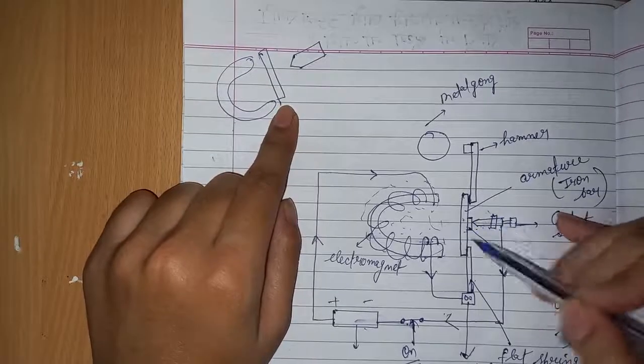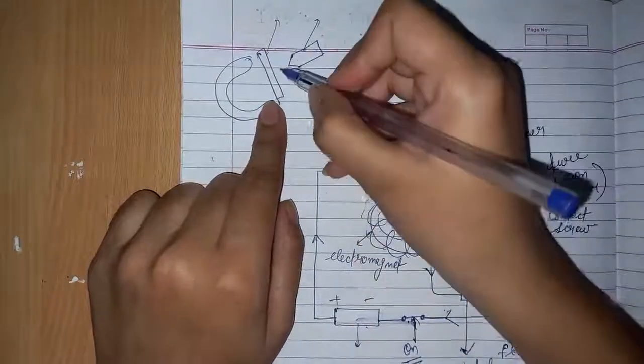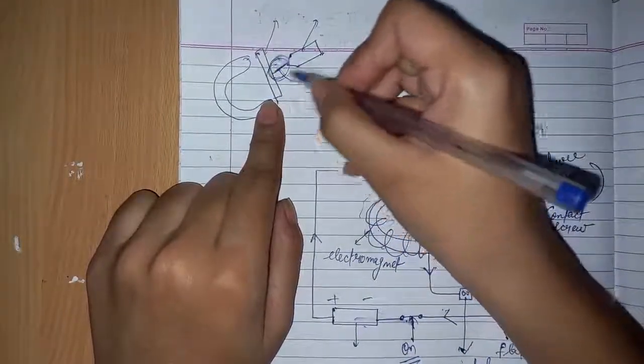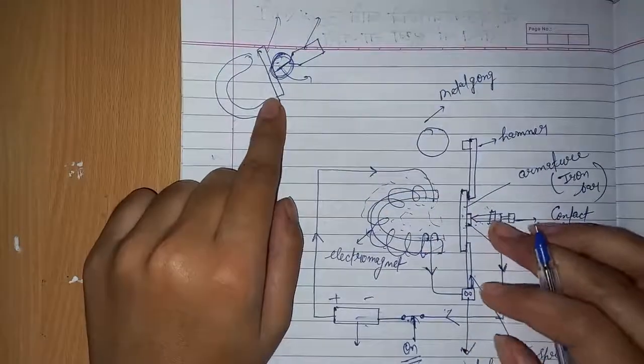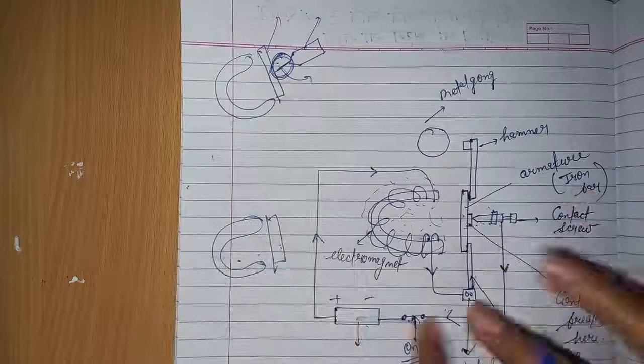This is the contact screw and this is the armature. It means the circuit breaks here, and so current stops flowing through the circuit of the electric bell.